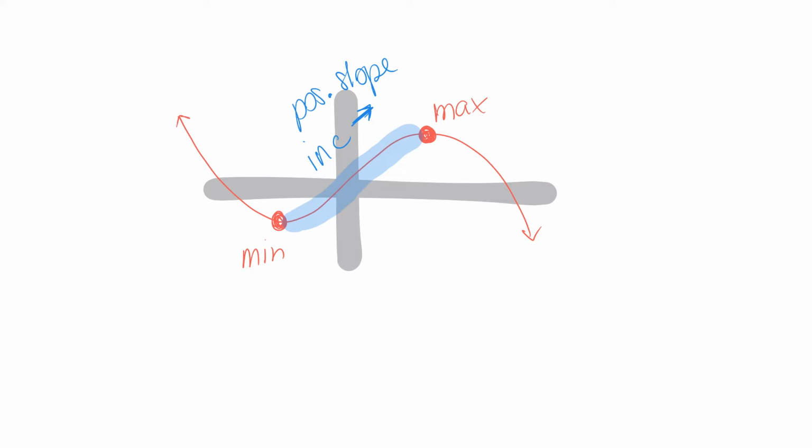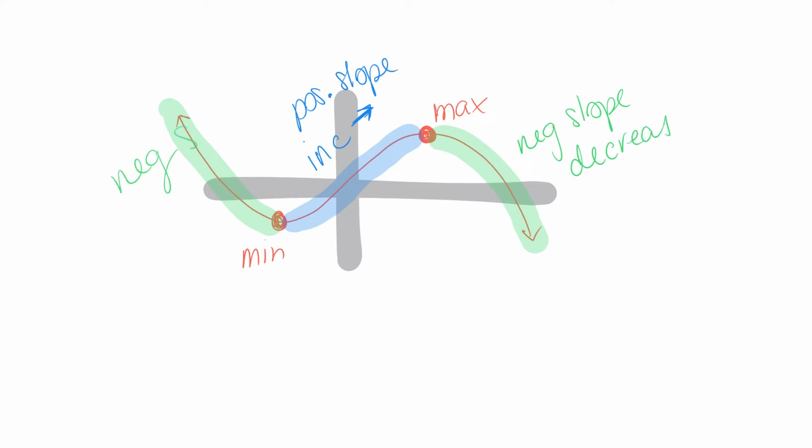You would say, well, it's decreasing here and it's decreasing here, because remember, we read a graph from left to right. So this is a negative slope, which makes this a decreasing graph. And same over here, negative slope, so this is a decreasing graph.